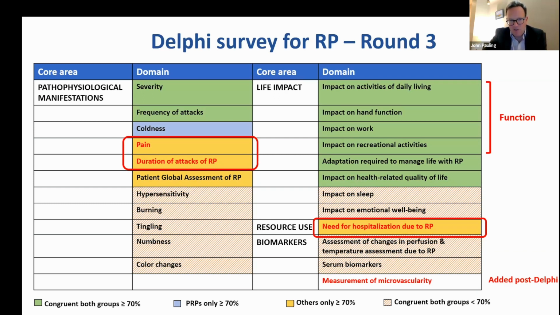We've exhausted many hours of discussion trying to navigate the best approach in terms of core set and what to include. As Susanna said, the upshot of those discussions was that we couldn't leave pain out because it's a very important symptom, but recognizing it isn't the key symptom for all patients.